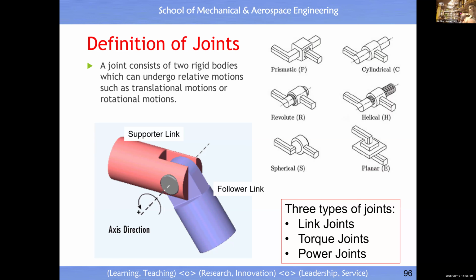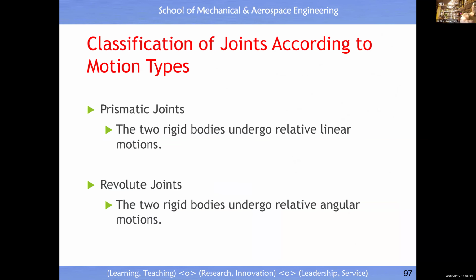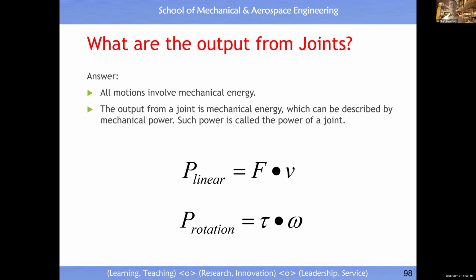Because we can always do the conversion between rotary motion and linear motion, okay? But this type of classification is not much meaningful in terms of motion control, okay? But it's useful for you to do motion planning or kinematic study. So you need to know the type of motion, whether it's a prismatic motion or revolute motion, etc.